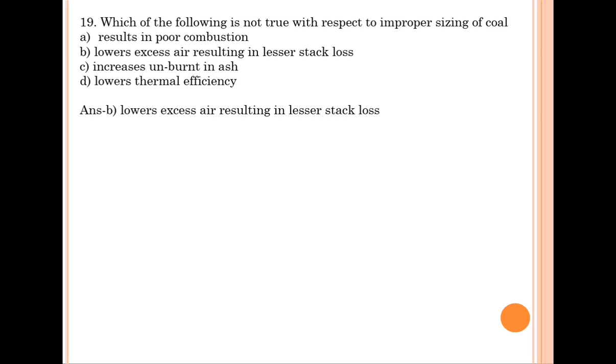That's why we have to do the sizing of coal in the crusher. And increased unburnt in ash is also happening due to improper sizing of coal, and as there is no proper burning, thermal efficiency also decreases. So option B is the right answer here.